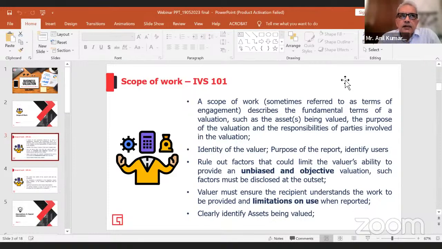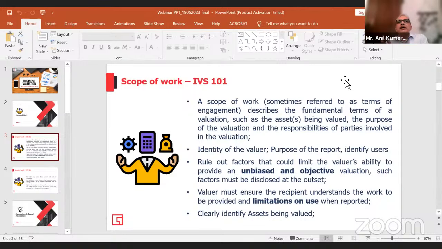The next thing that the valuer needs to worry about is whether there are going to be any limitations to the use. So let's say there is an insolvency valuation, or a lending institution is getting something valued because they need to know the underlying security. So there is a limitation to its use.